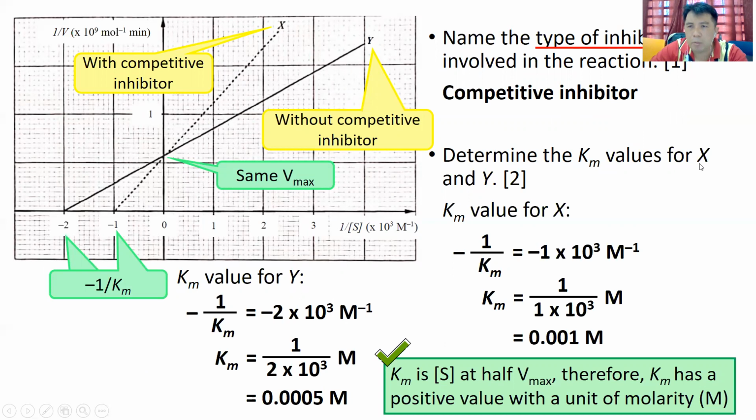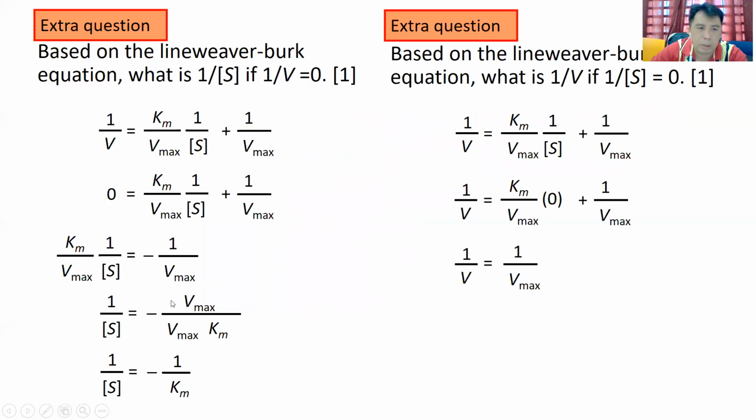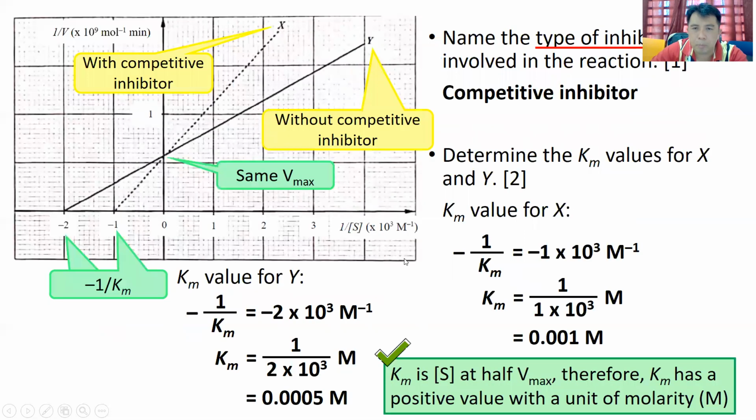Determine the Km value for X and Y. So Km value for X, X is this one, so -1. From the previous question, we know 1 over substrate concentration is equal to -1 over Km. So -1 over Km is equal to -1. Then look at the unit.